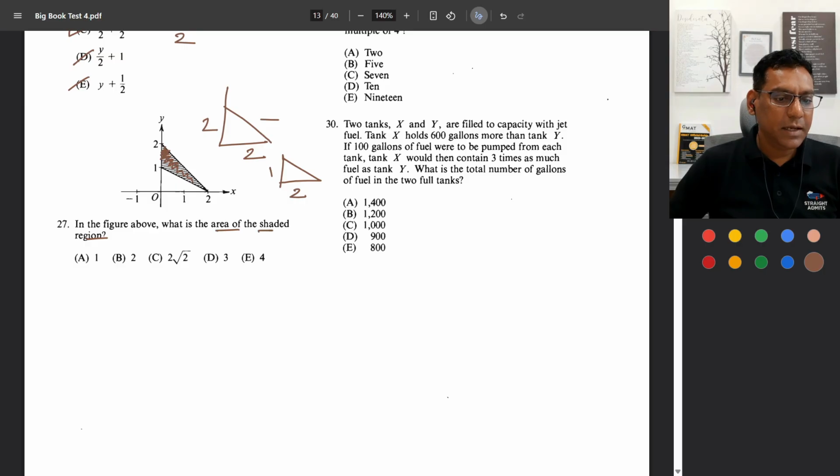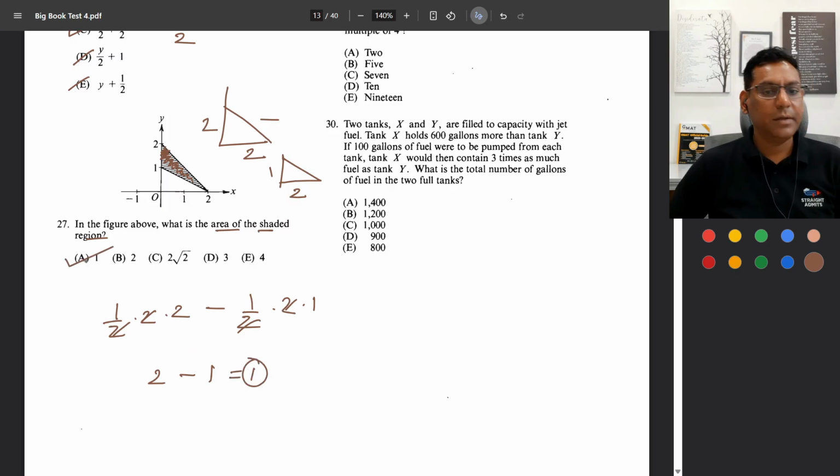This area is this big area minus this area. So let's find that out. Big area is half into base, that is 2, into height, that is 2, minus small area, half into base into height. 2, 2 gets cancelled, I get 2. This 2, 2 gets cancelled, I get 1. 2 minus 1 is equal to 1. Answer choice A.